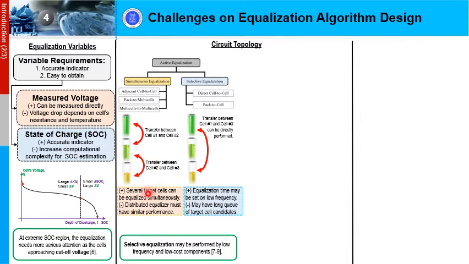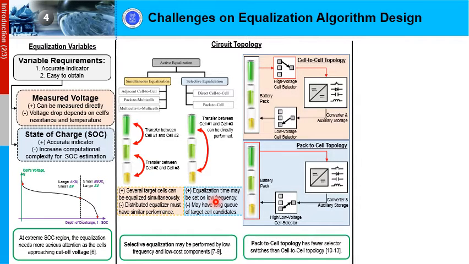So, it may be more expensive, unlike selective equalization, which has direct transfer between any of the cell targets, and fewer components as in back-to-cell topology, which is easier to control compared to cell-to-cell topology, which has two selector circuits.